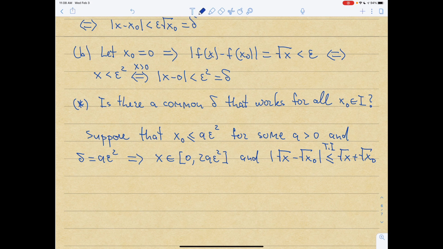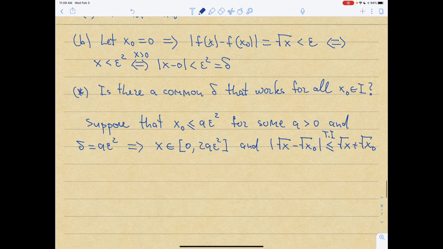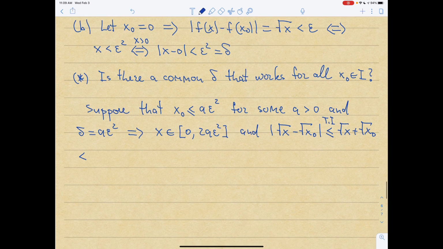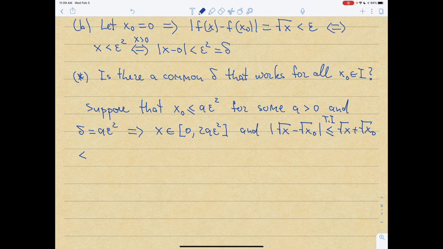And the square root of x, if x is between 0 and 2a epsilon squared, then this is going to be less or equal in principle. It doesn't matter actually.